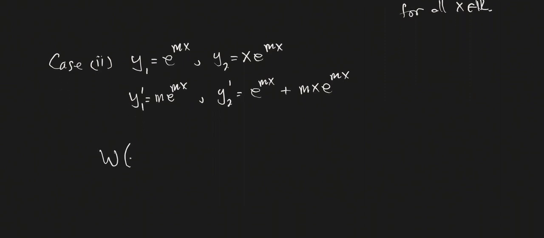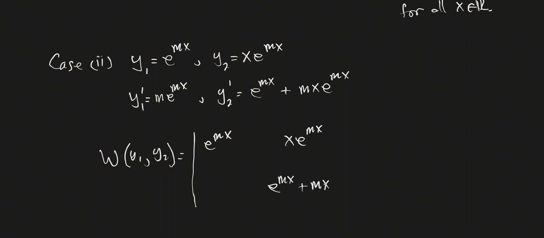The Wronskian for this y1 and y2 is the determinant, and we'll have the e to the mx, and then I'll make this a little wider since this first derivative has a couple terms now, so I'll have x e to the mx, and then e to the mx plus mx e to the mx, and then over here we have m e to the mx.